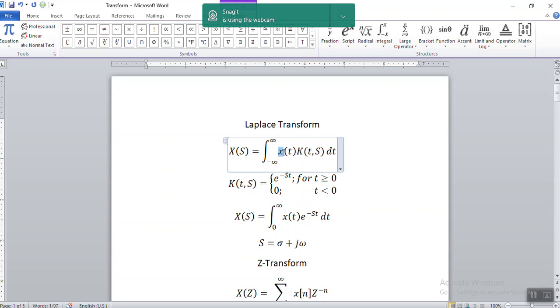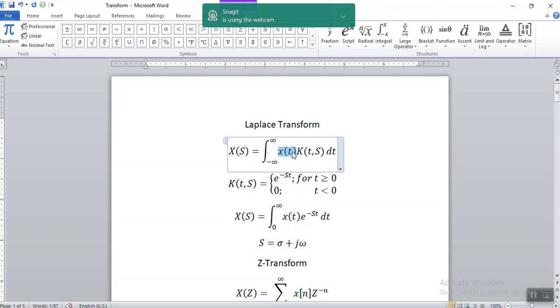Now, suppose you need to transform this variable t to a new variable, say s. In that case we need a kernel function, and this kernel has to be a function of two independent variables: the old independent variable, in this case t, and the new independent variable to which you are going to transform. This kernel is multiplied with the original function x of t.